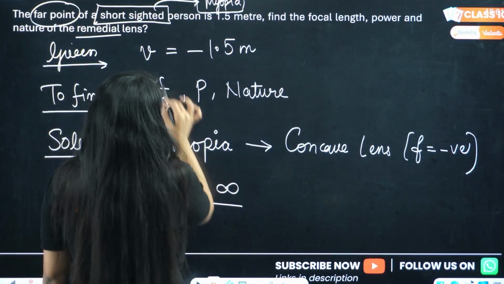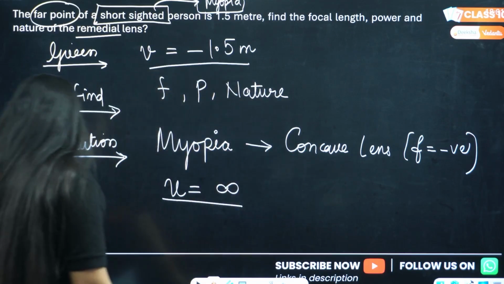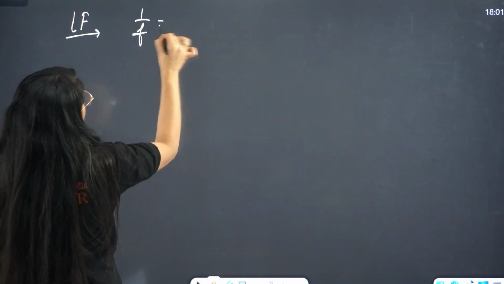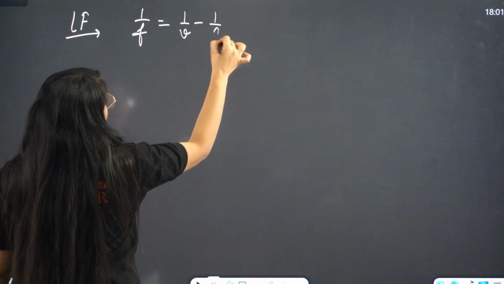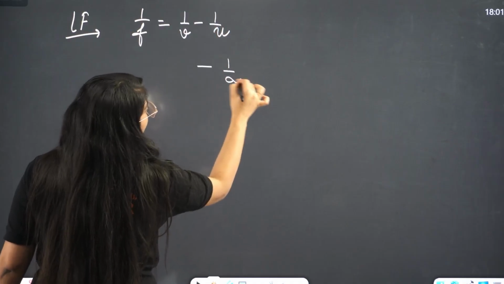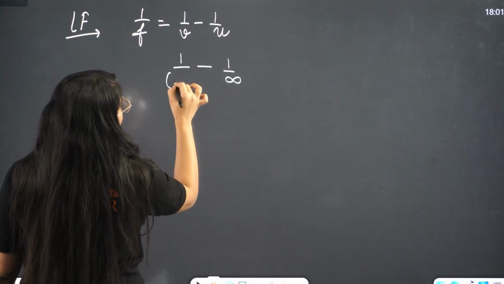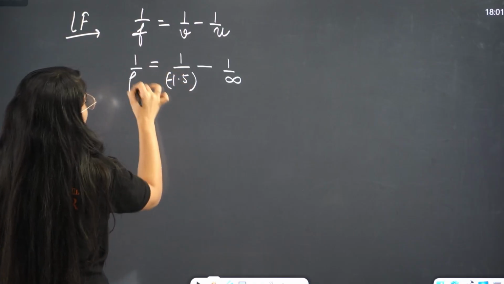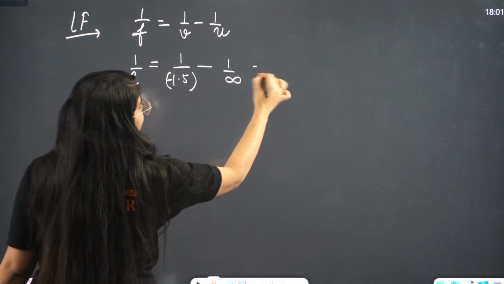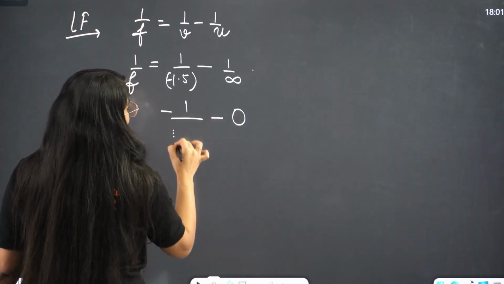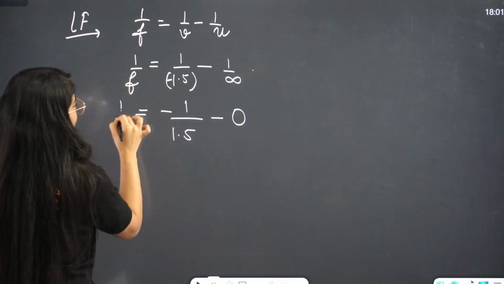So you just have to calculate now. U is infinity, V is given, use the lens formula. Can I easily calculate 1 by F equals 1 by V minus 1 by U? And it's a very good thing about far point questions. V is 1 by 1.5 meters, that was negative, equals 1 by focal length. So this becomes 0. 1 by infinity is equal to 0. Minus 1.5 equals 1 by focal length.